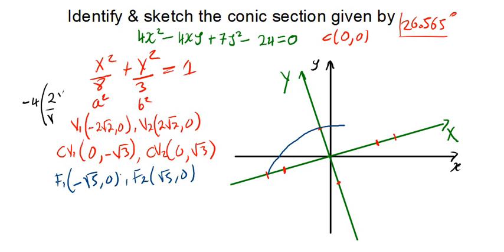Okay, let's see if I can get this right. Not bad. So this is the graph of the equation that we're given here, and that's basically how we go about it.